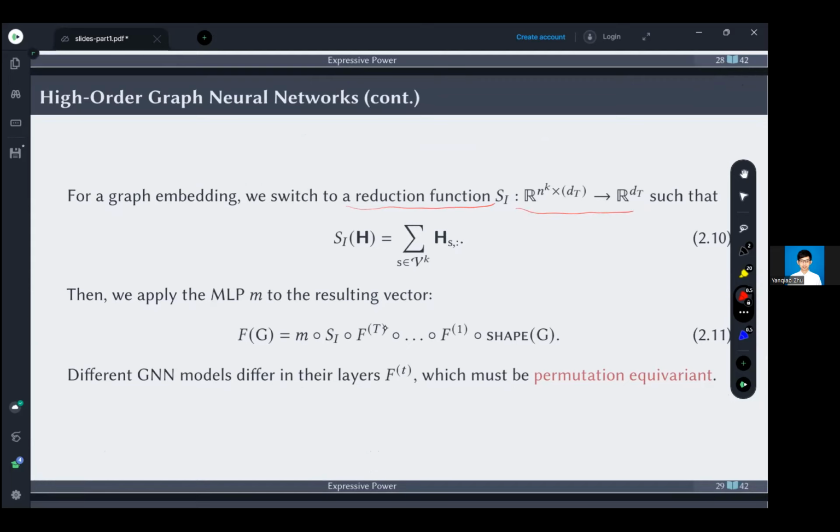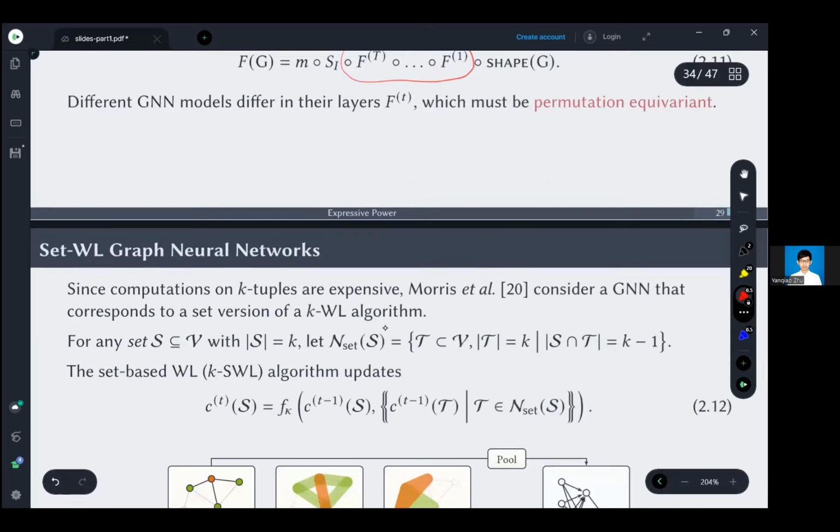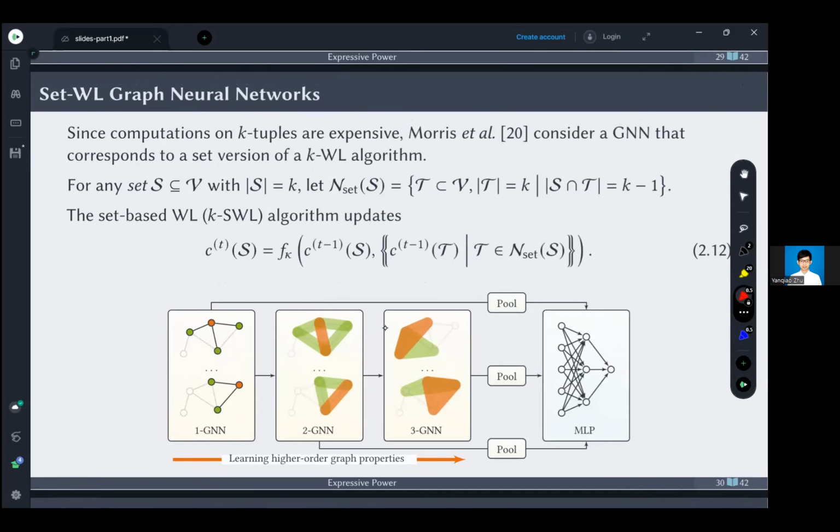You just take every tuple and take the sum of it, and you get a graph-level embedding, followed by a nonlinear transformation M. So for most higher-order graph neural network models, the only difference lies in the design of function F, because it operates on the tuple level, so it has to be permutation equivariant, right? It has to respect the ordering.